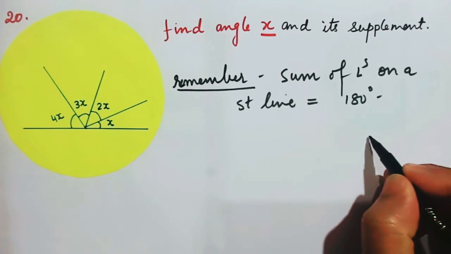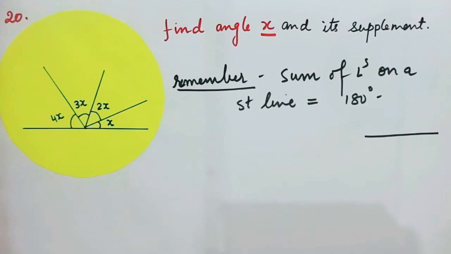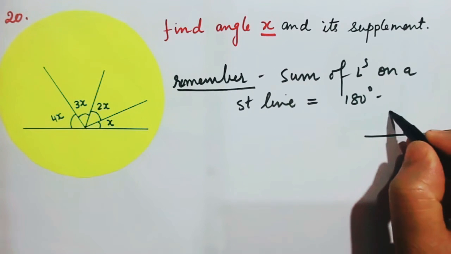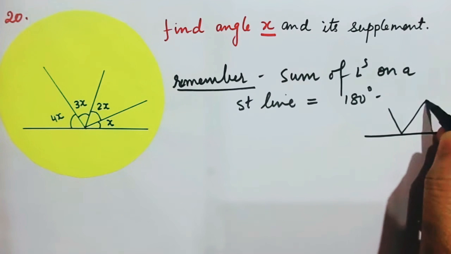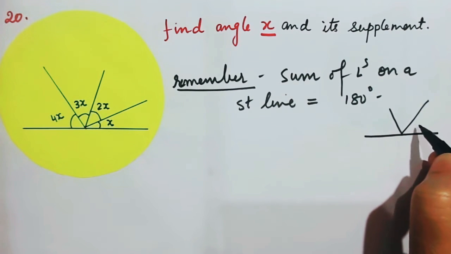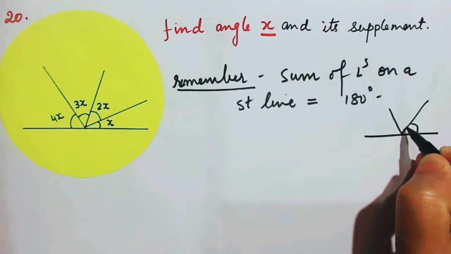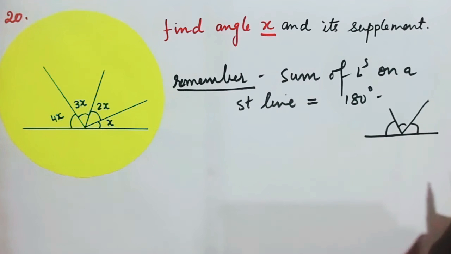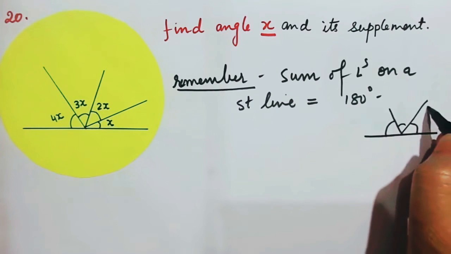So whenever you find that there is a straight line and multiple angles have been given, some whose value you know while others whose value you do not know, then in that case, the sum of the angles will be equal to 180 degree.